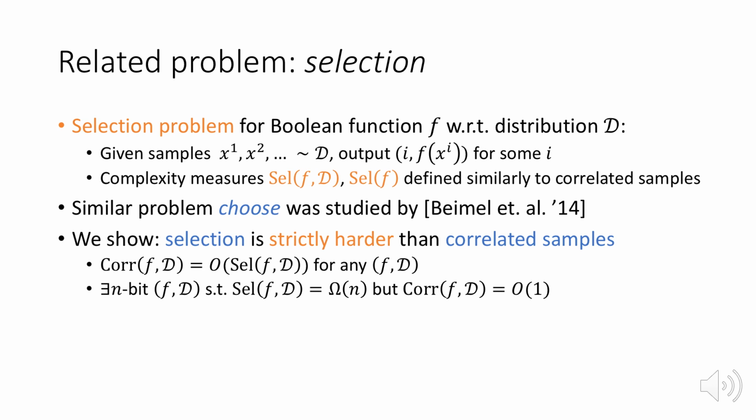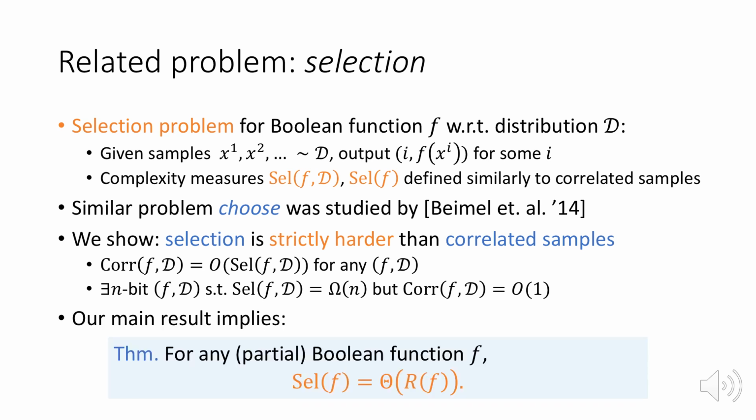Moreover, we show that there is a pair f and d such that it takes linearly many queries to solve selection, but only a constant number of queries to solve correlated samples. So from this, our main result implies for any Boolean function f, SEL of f is equal to R of f up to a constant factor.